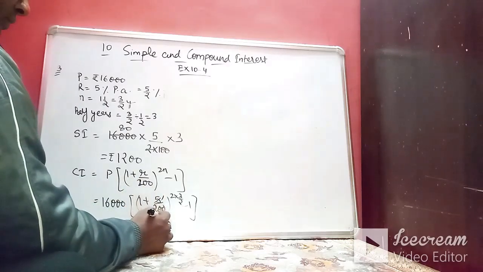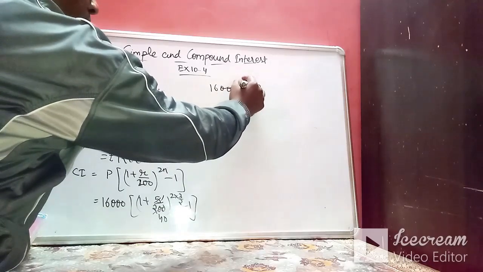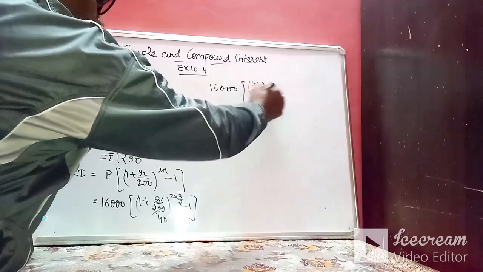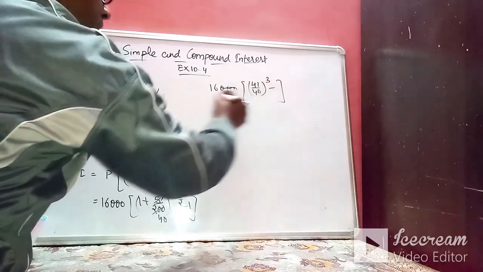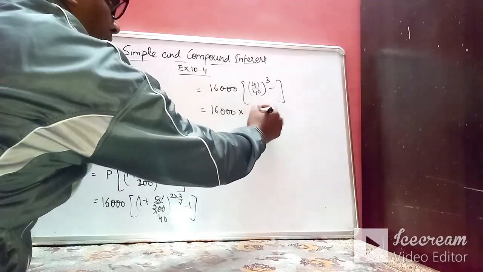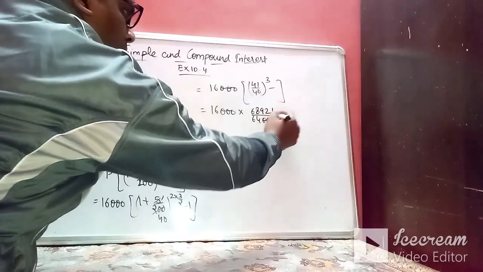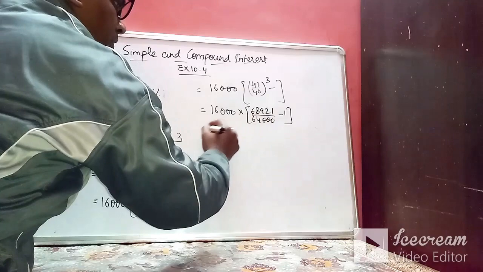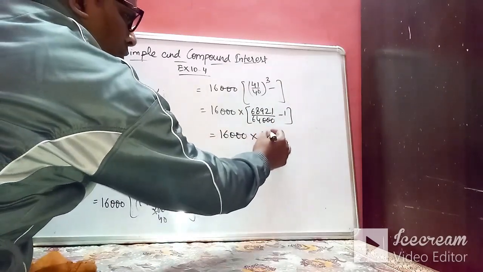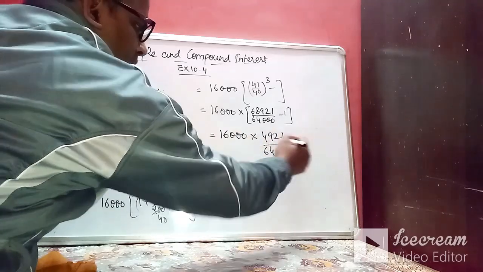Then it will be 16,000 into 41 upon 40 cube minus 1, that is 68921 upon 64,000 minus 1.